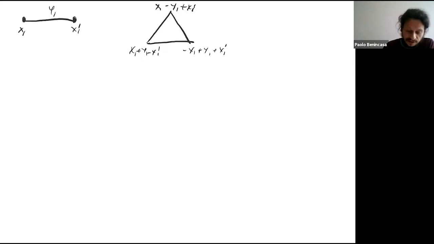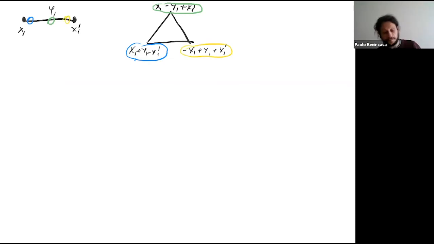For example, if I take this vertex, which is given by the sum of the x's and minus the y, I will represent on the graph this vertex through a marking given by an open circle in the middle. If I want to represent this vertex, which is given by the sum of x and y minus x prime, so there is the sum of x1 and y, I will make another marking close to the vertex labeled by x1, and similarly this other vertex will be given by marking here.